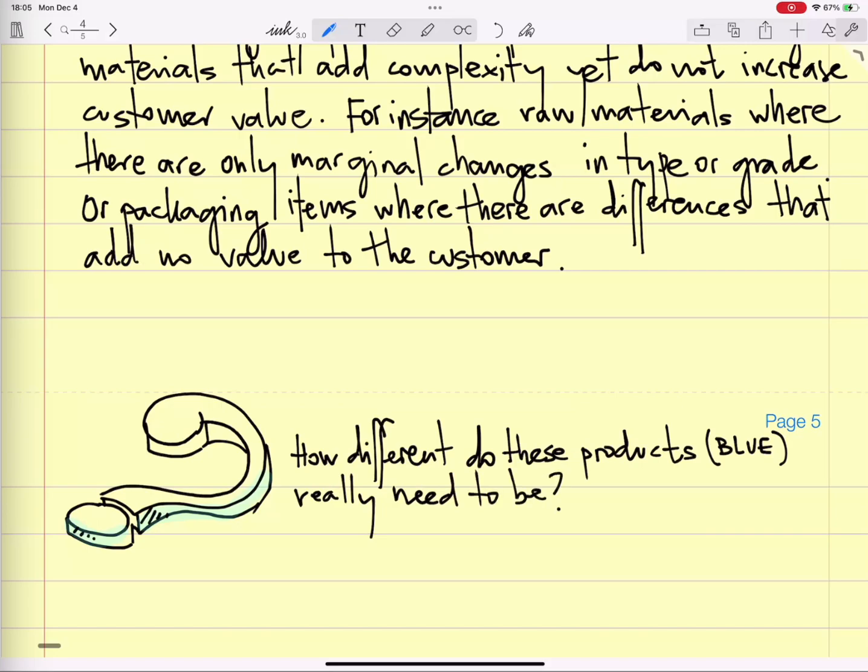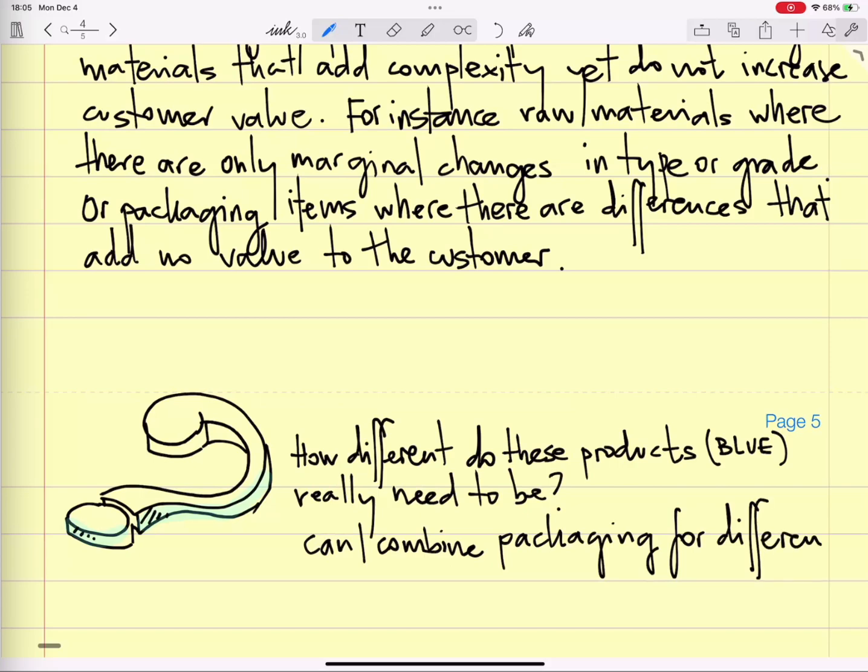Okay. Or can I combine packaging for different country regions?